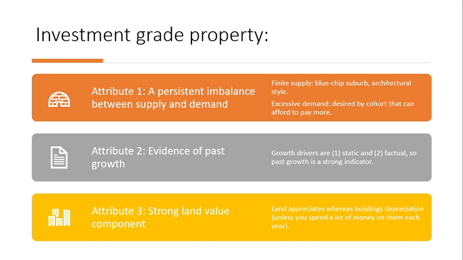Architectural style, if you compare, for example, a block of 200 apartments, they're all the same and they look all the same. The floor plan's the same. Whereas if you look at an Art Deco apartment that's in a block of 6, no one's building Art Deco anymore. It's in very finite supply.